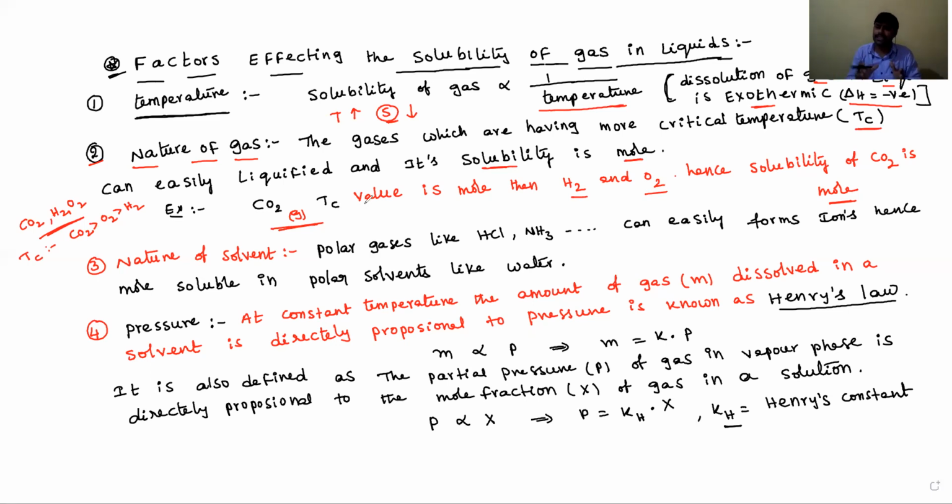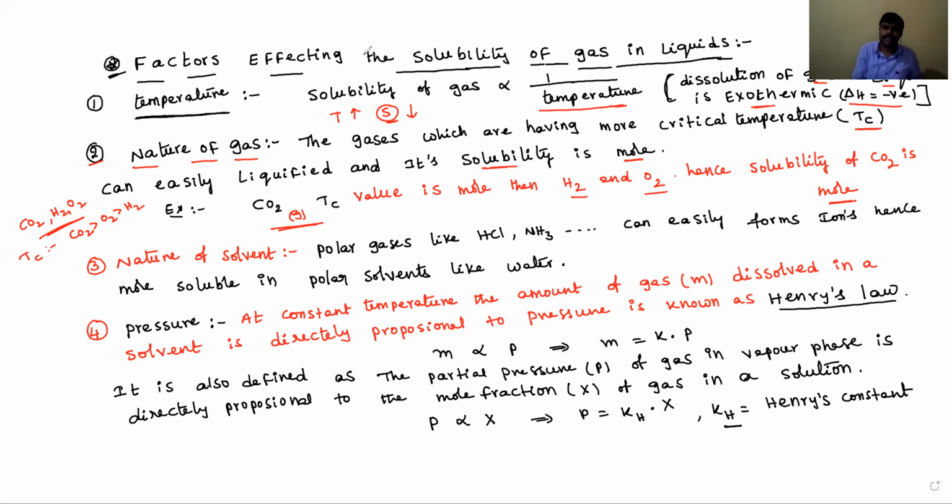In the examination, they will give some critical temperature values and ask which gas can be easily liquefied or which gas is more soluble. So we have to look at the given critical temperature values. Among them, the gas having the highest critical temperature can be easily liquefied and is more soluble in nature.